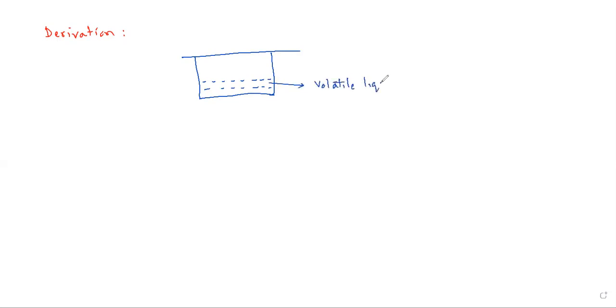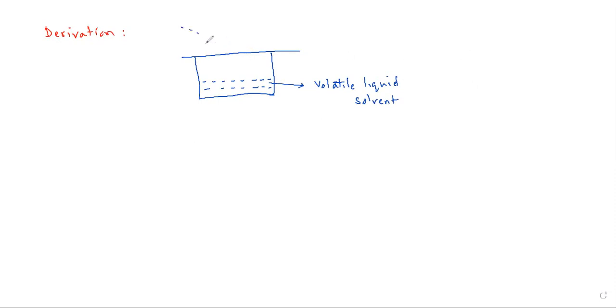Now let us see the derivation of Raoult's law. Let me again take the same old thing. So this is the volatile liquid solvent whose vapor pressure, of course, is P naught.